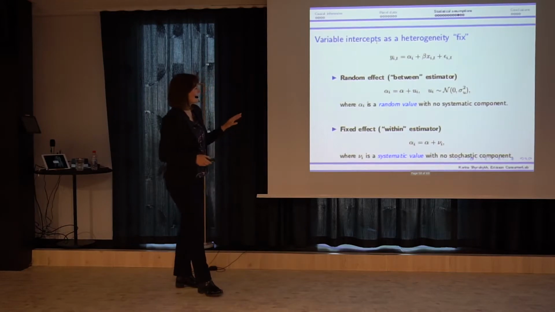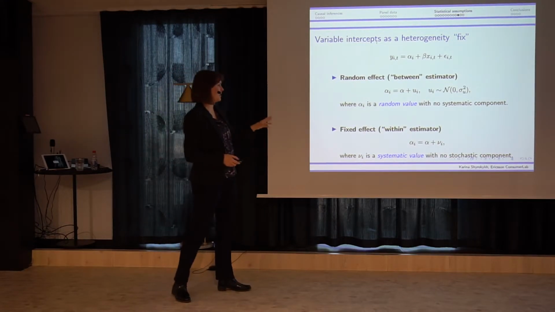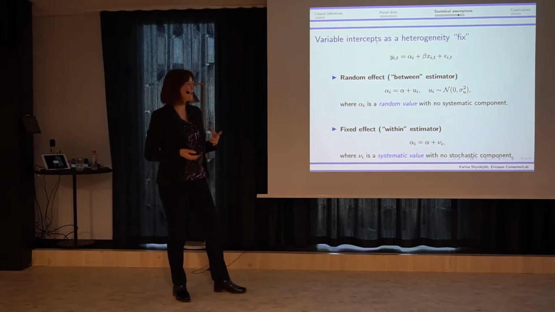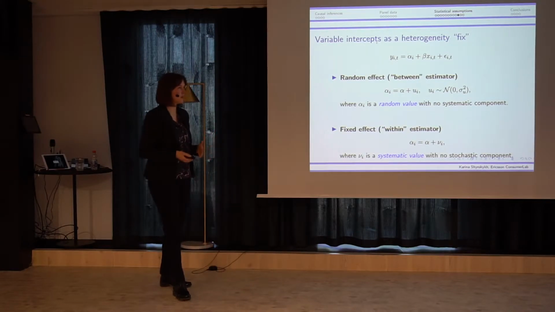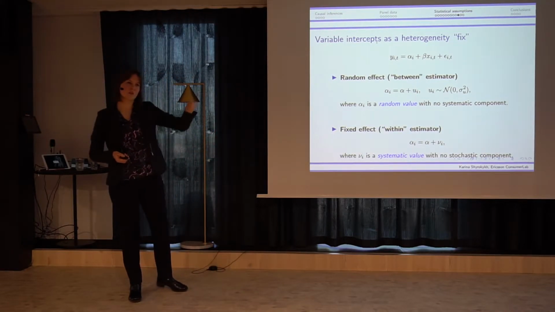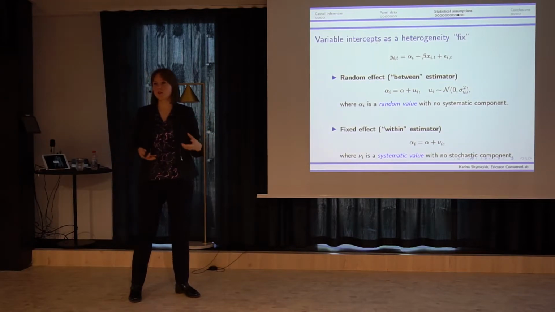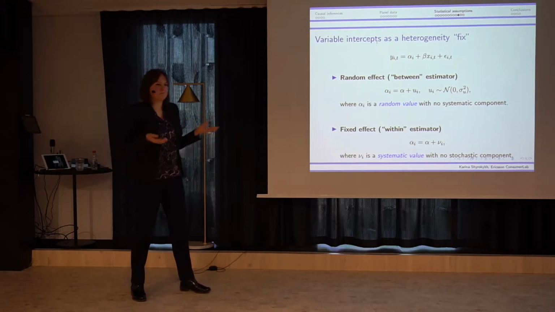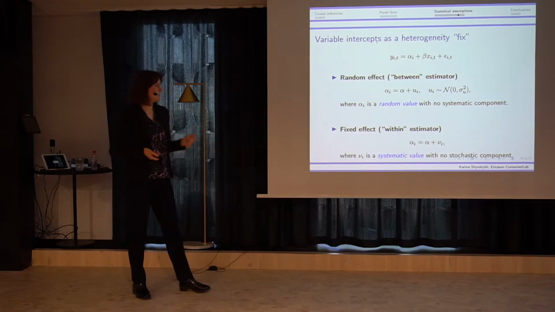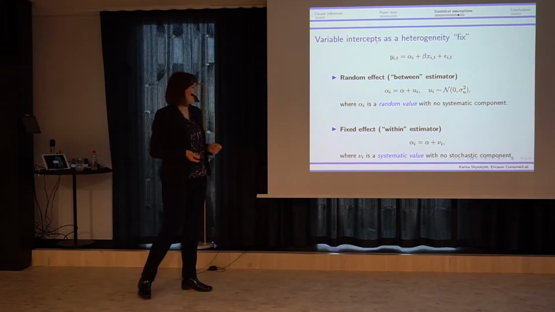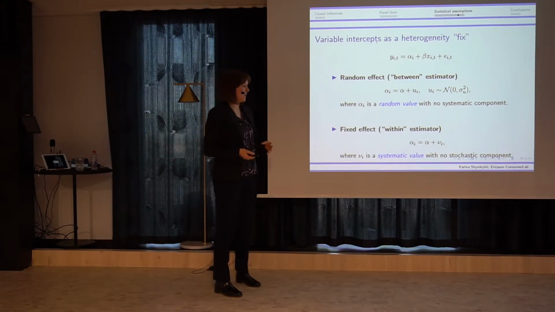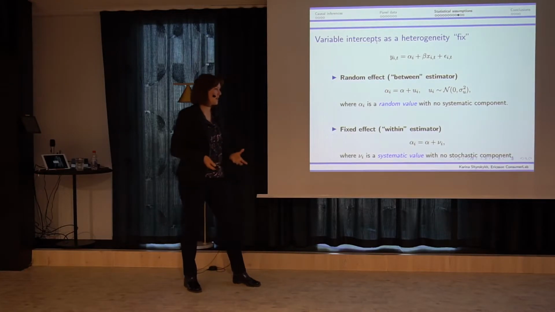Basically, again, you can use random effects to fix for unit heterogeneity, and then you assume that there is no systematic component and that the different intercepts are only due to random processes. And fixed effects would assume that it is a non-stochastic process.